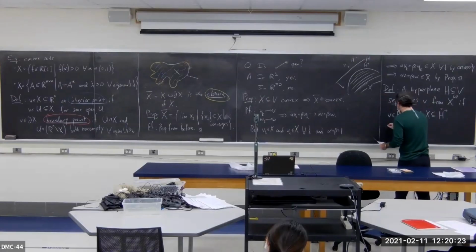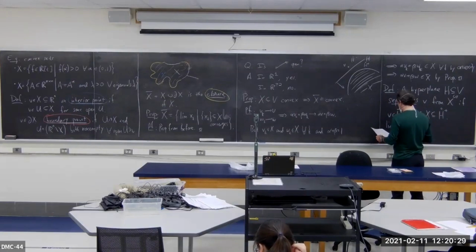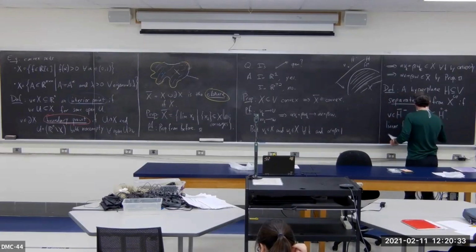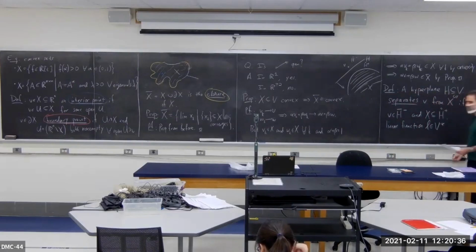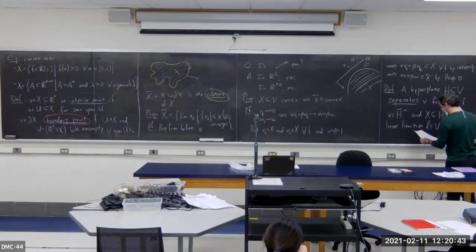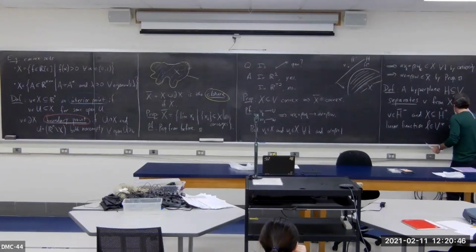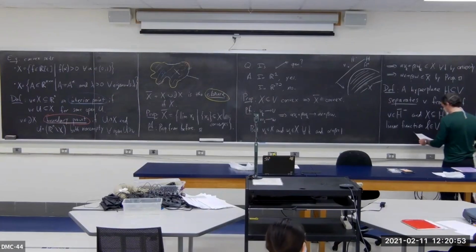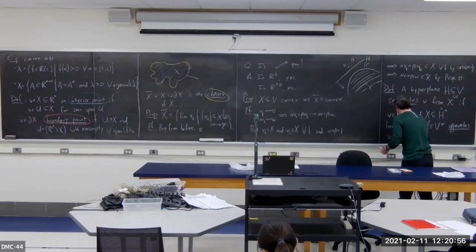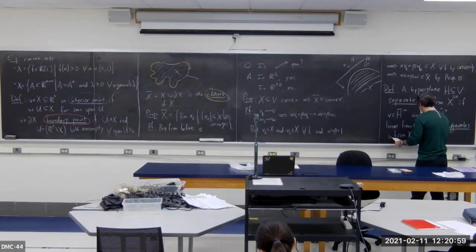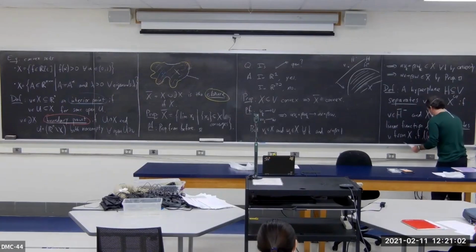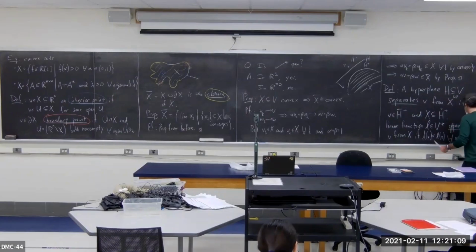So what we'll say is that a linear function L in V star, of course V star is the same as V prime because this is a real vector space, so I'm just going to use star for dual, separates V from X if L of V is less than L of x for all little x in big X.